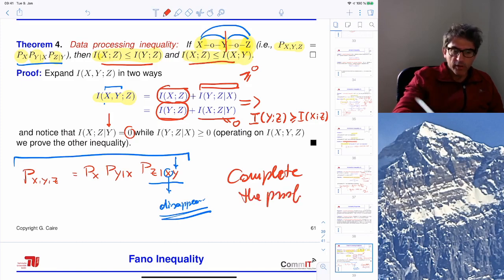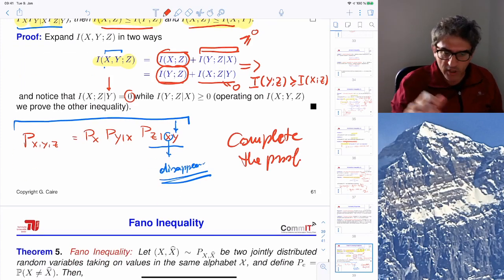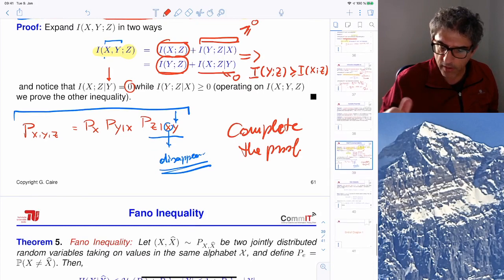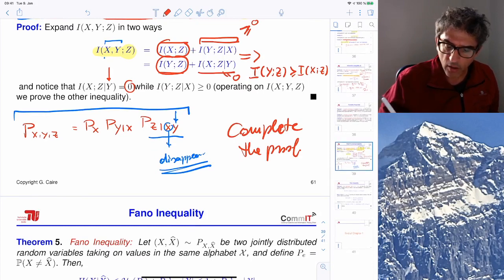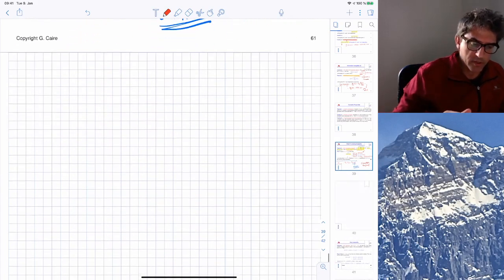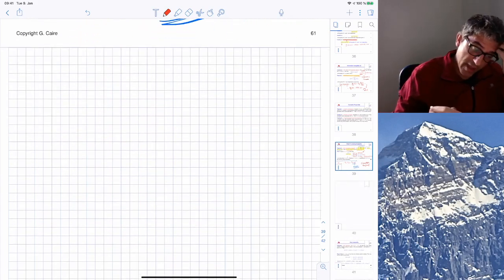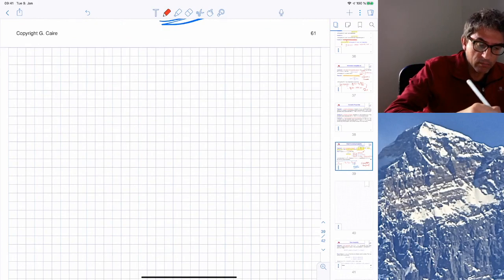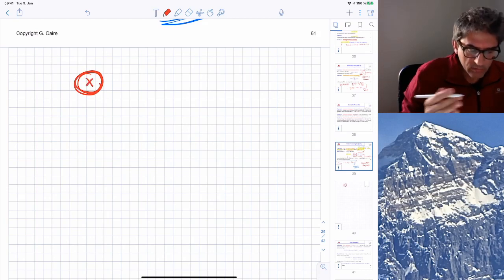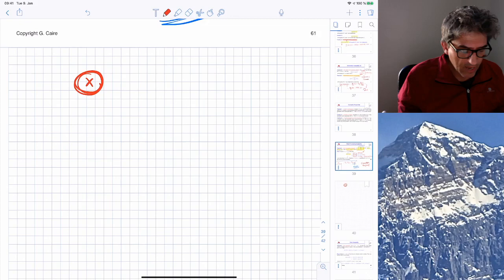You can prove also the second inequality. Now, let me just comment why this is called the data processing inequality, because it may not be completely obvious. So, data processing, why is that? Imagine that we have some source that produces x.